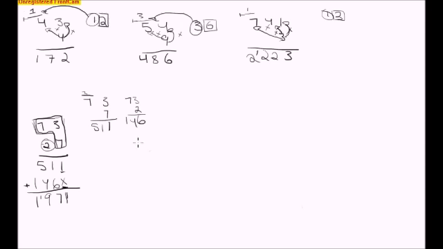Let's do another one. 61 times 29. We have 1 times 9, so let's just do this again. 61 times 9. 1 times 9 is 9. 9 times 6 is 54, and we have 549. And we write that over here.